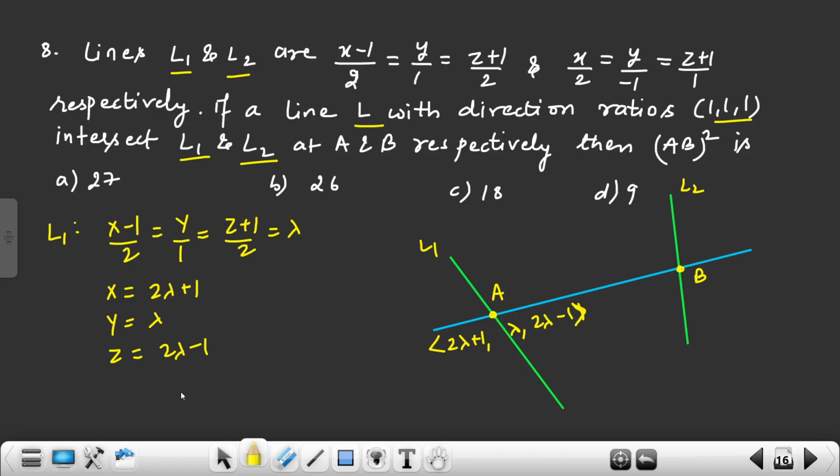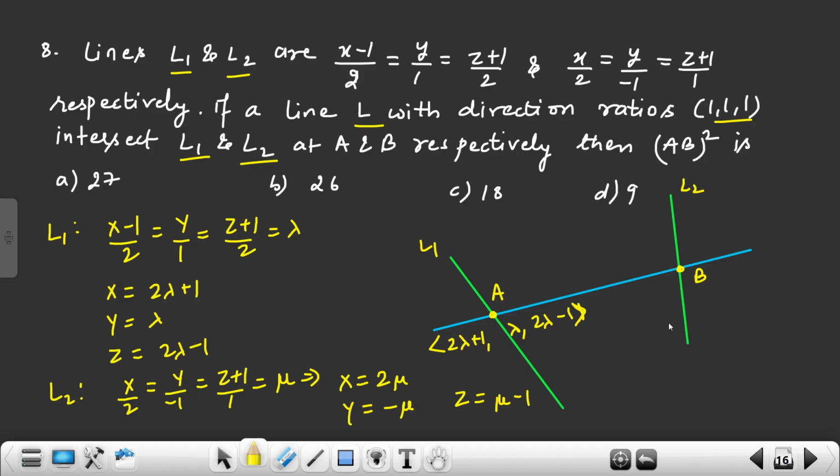Similarly for B, L2: x by 2, y by minus 1, z plus 1 by 1, that is mu. So x value is 2 mu, y value is minus mu, z value is mu minus 1. So B is (2 mu, minus mu, mu minus 1).